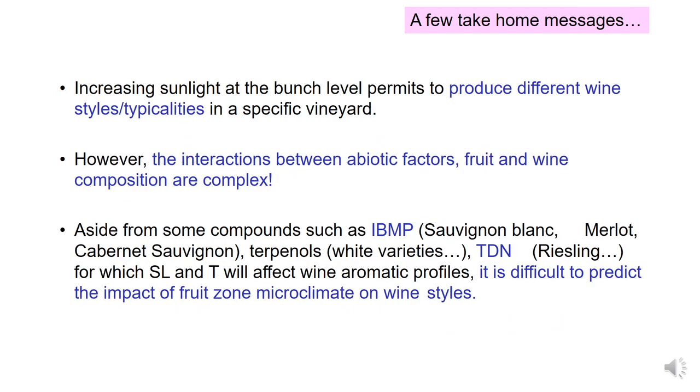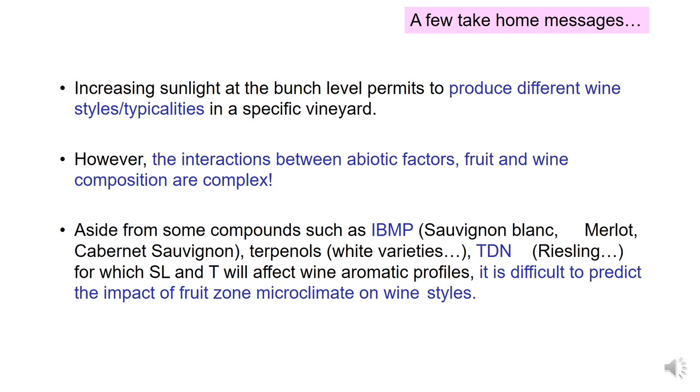Another interesting piece of information is that from the same vineyard, for the same variety, you can get different styles of wine just by opening the canopy. So, by putting more light at the fruit zone level, you can definitely change the style of wine you want to produce.